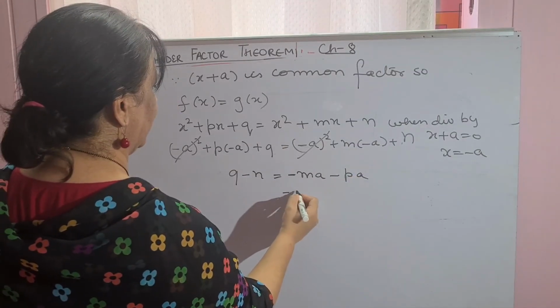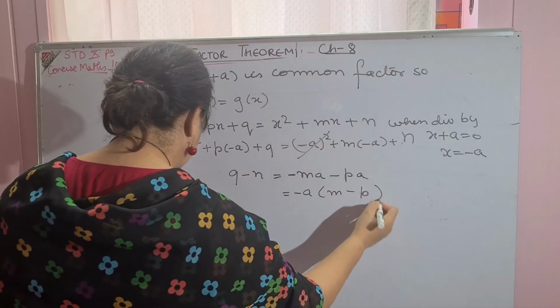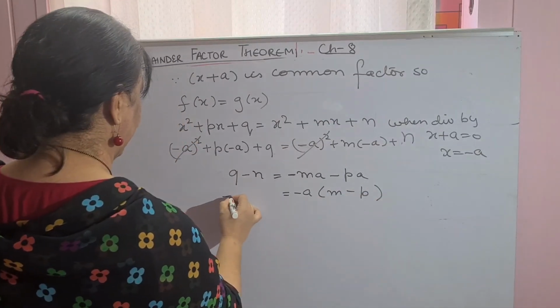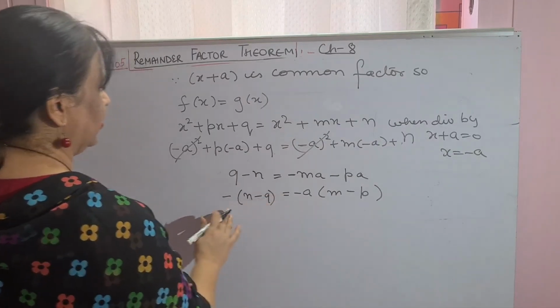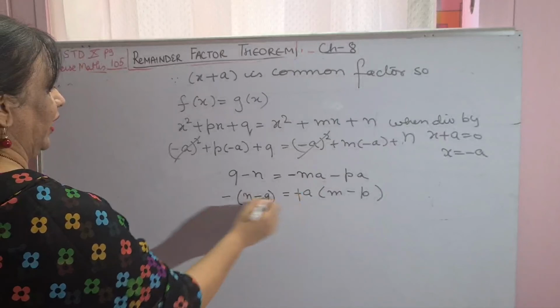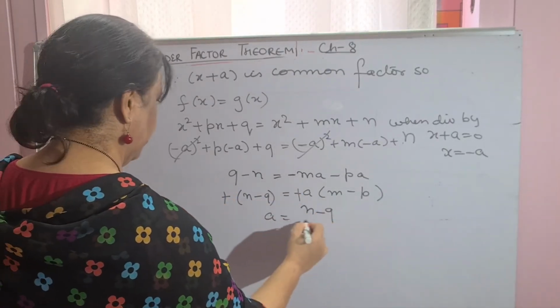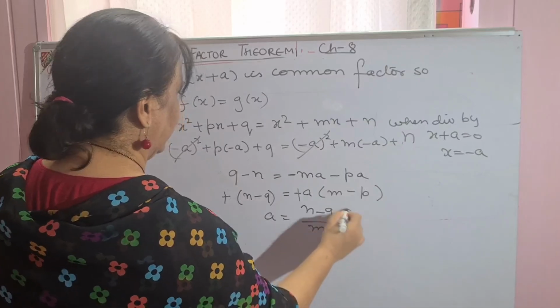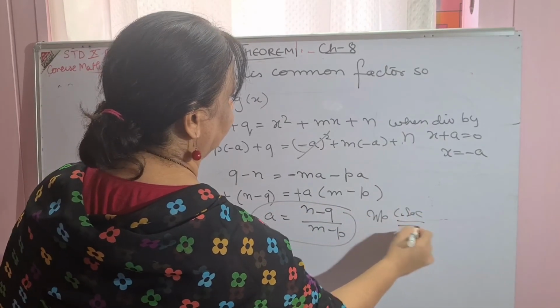Or you take common, minus a common, m minus p, and over here you take again minus n common, minus 1. I am doing this because I want the question in this form as they have asked, or a is equal to n minus q over m minus p. Again, one of the important sums of the compulsory section.